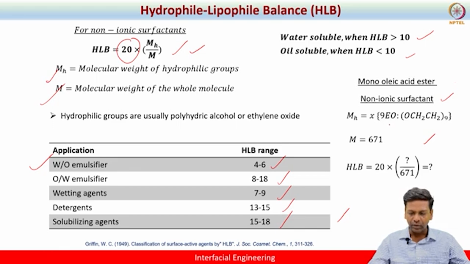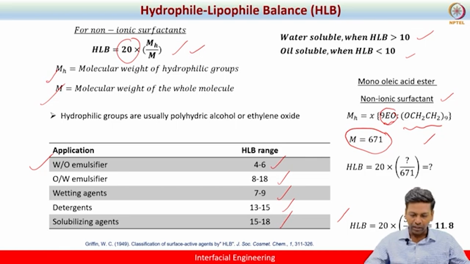Here you can identify that this ethylene oxide is the hydrophilic group, and the rest is the backbone, which is the hydrophobic group. So the molecular weight of the hydrophilic part one has to calculate based on the ethylene oxide, and the molecular weight of the total compound is 671.